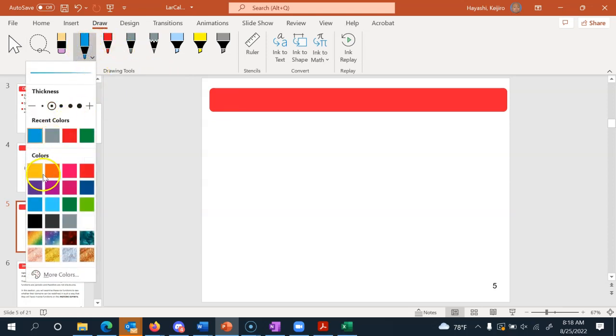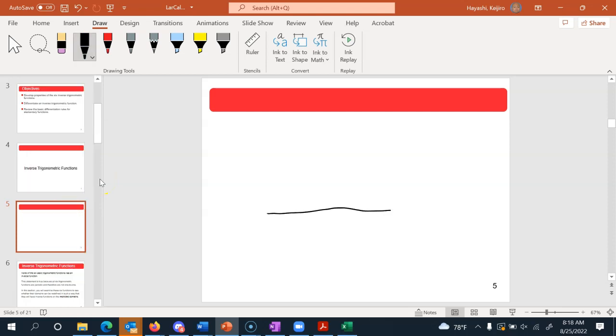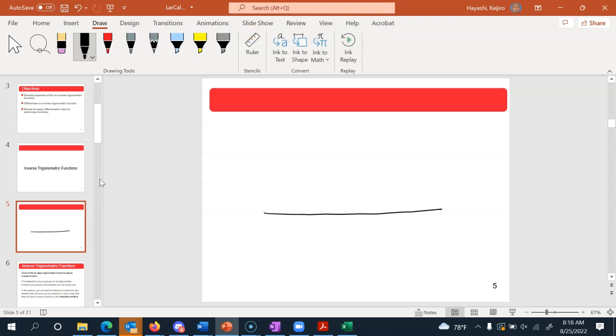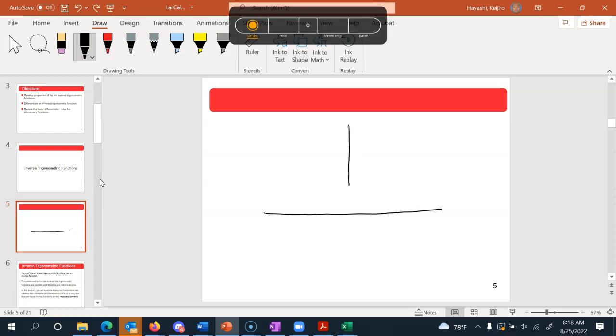So I'll draw that in. There's the x-axis, there's the y-axis.